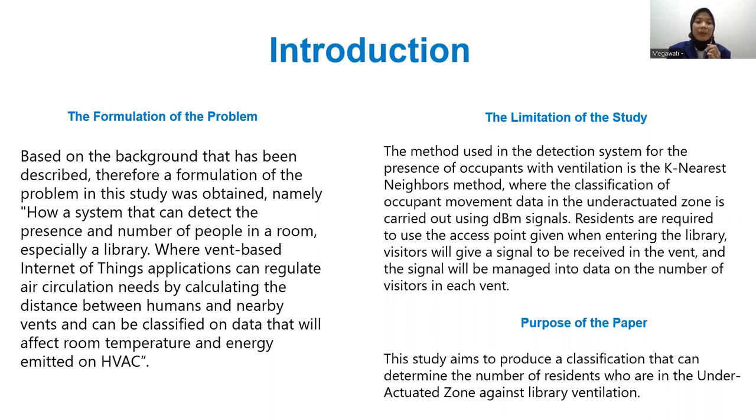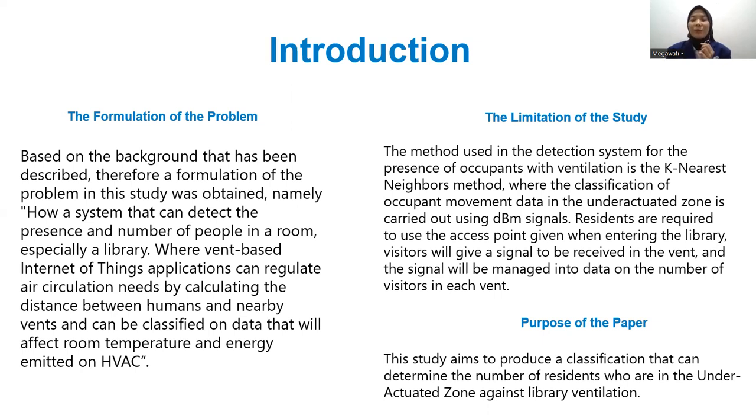When an Internet of Things application can regulate the air condition, it needs to calculate the distance between humans and nearby fans, and calculate the data that will affect room temperature and energy emitted by the HVAC.